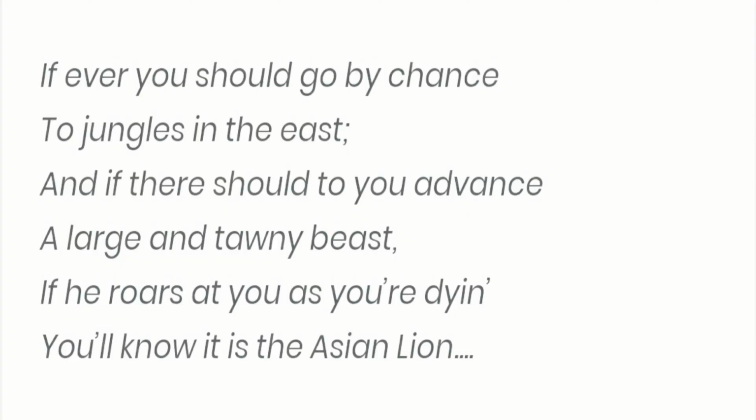Going forward to the first answer: if ever you should go by chance to jungles in the east, and if there should to your advance a large and tawny beast, if he roars at you as you are dying, you will know it is the Asian lion. So what is happening here?